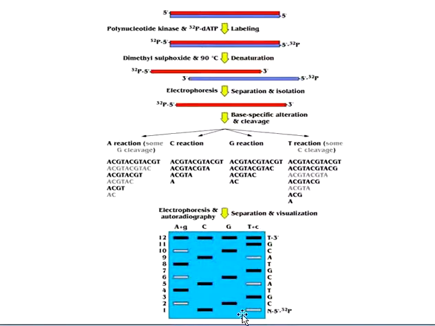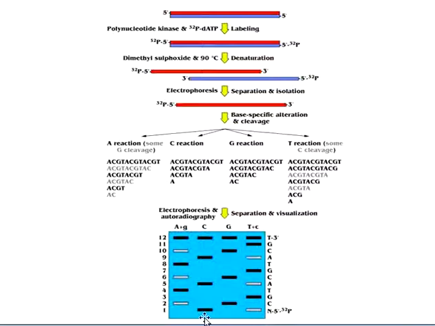For example, here the lowest band we obtain is in the C well, the well in which the reaction specific to C products has been loaded. Along with it, a similar size band appears in the reaction specific to cleavage at T or C sites.